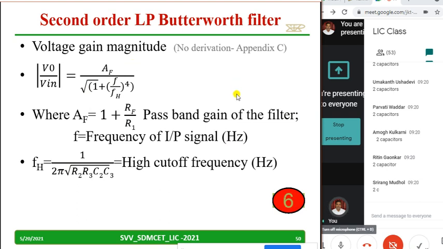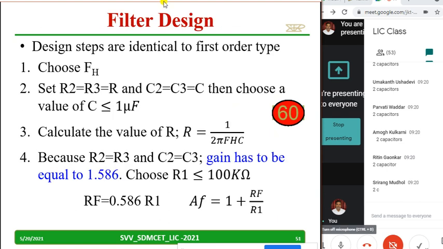Let me wait for another 5 seconds. Filter design: design steps are identical to the first order type. Choose FH, R2 equal to R3 equal to R, C2 equal to C3 equal to C, so that I will only talk about R and C. Then choose a value of C less than or equal to 1 microfarad. These steps are the same. Calculate the value of R as 1 by 2 pi FH C. FH is the frequency you have chosen.